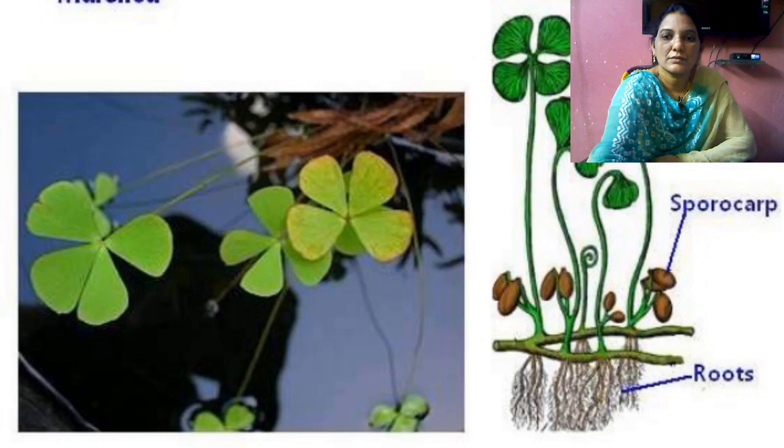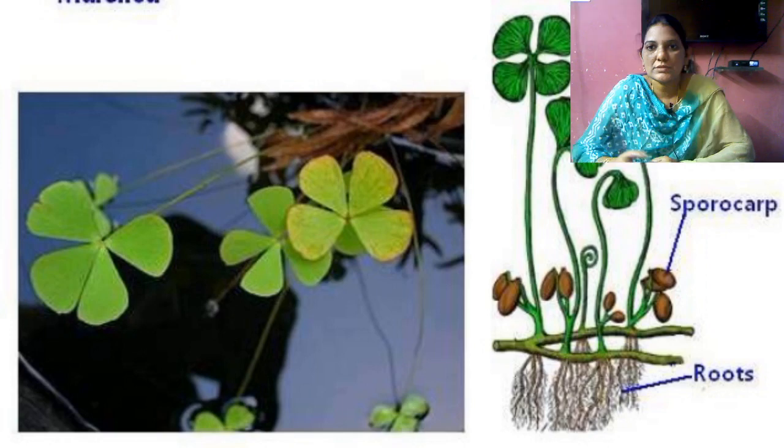So it has a rhizome, the rhizome is divided into nodes and internodes, and the node produces adventitious roots. The roots absorb water and minerals, and they also help in fixation to the water and soil.